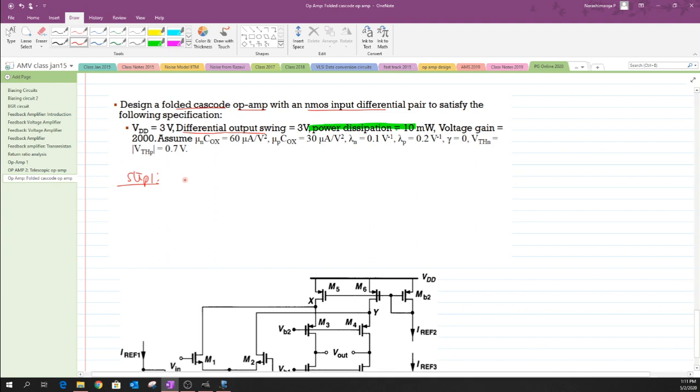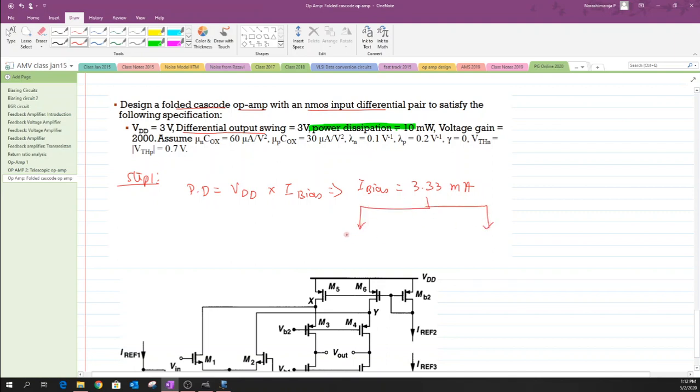Since the power dissipation is given, the power dissipation is always the product of VDD and the bias current, the I bias as we had before. It is equal to 3.33 milliamperes.